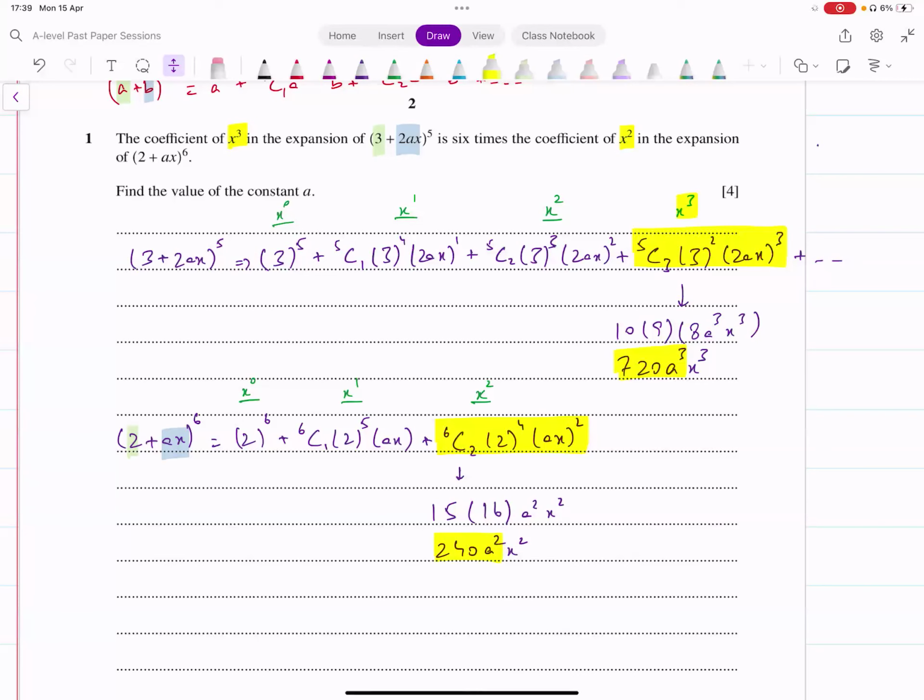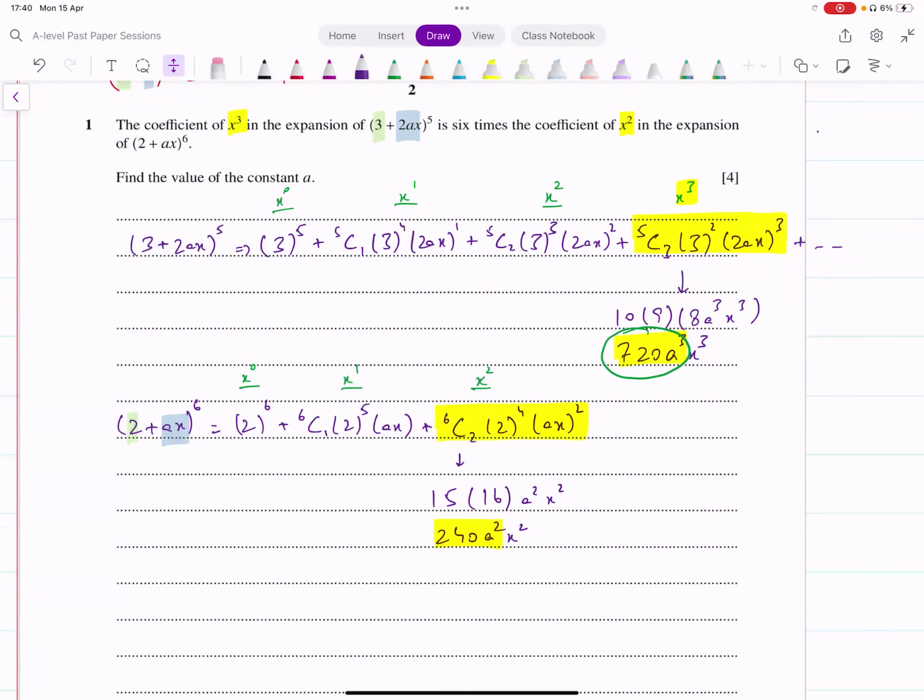These were the two things that we were looking for. Now they're saying the coefficient of x cubed in that first expansion, which is this 720a cubed, is 6 times the coefficient in that second expansion. What's the coefficient from the first expansion? 720a cubed, right?